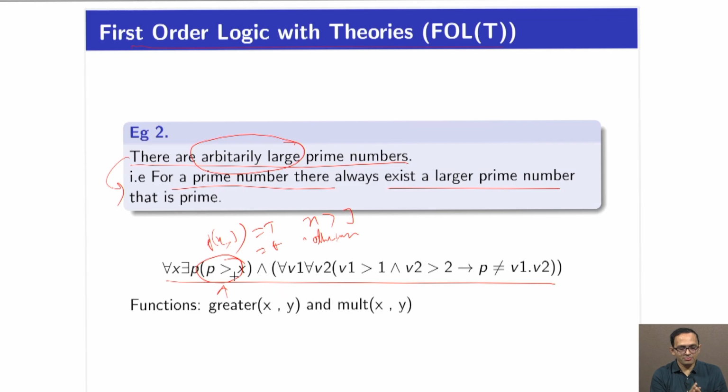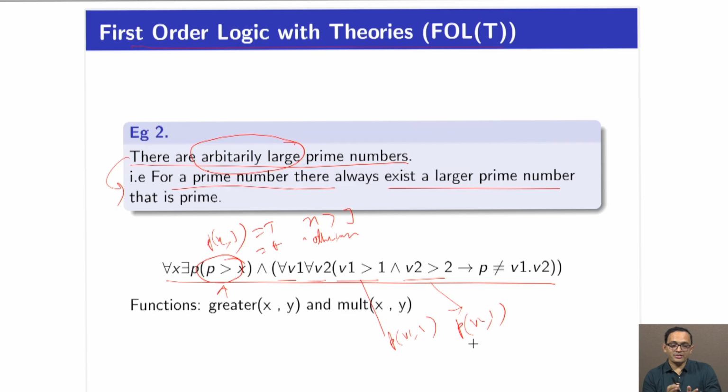Okay. So, I am saying that for all x there exists a p such that p greater than x, that means p is larger than x, and for all v1 and for all v2. So, you take all possible values of v1 and v2 such that v1 is greater than 1, v2 is greater than 1, right. Again this can be used, this P(v1, 1) and this P(v2, 1). I can encode this, right. So, maybe I will just write that one after this.